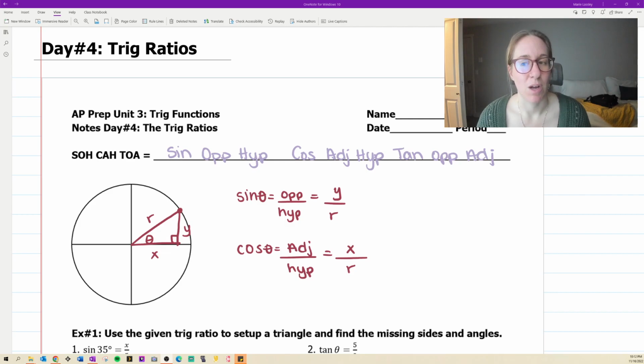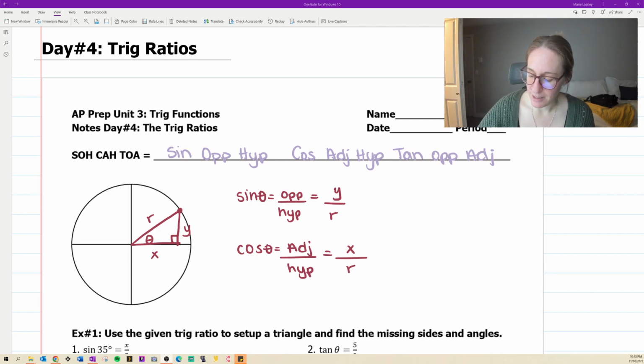People ask me all the time, can r be adjacent to our angle? The answer is yes, r is adjacent, but when we're talking about adjacent, we're talking about legs of our right triangle, and the hypotenuse is not a leg. Besides, hypotenuse can't be adjacent because it has to be the hypotenuse. So adjacent means the non-hypotenuse side that is touching our angle. In this case, it's going to be our x value.